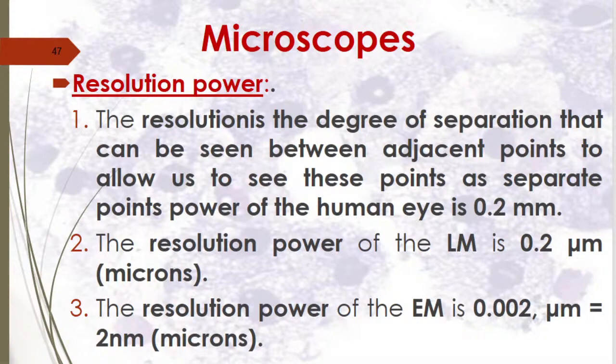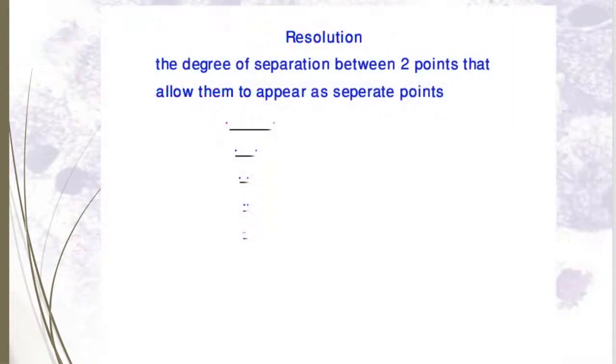The resolution power of the human eye is 0.2 millimeters, the resolution power of the light microscope is 0.2 microns, and the resolution power of the electron microscope is 0.002 micrometers, sometimes 2 nanometers. Look, this is an example. What does it mean? Separation between 2 points.